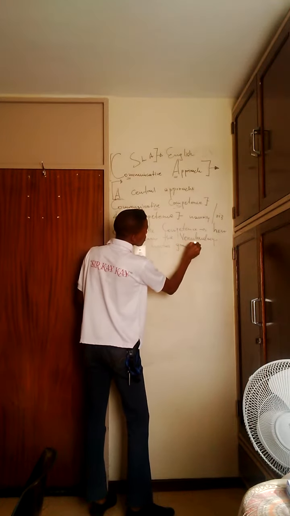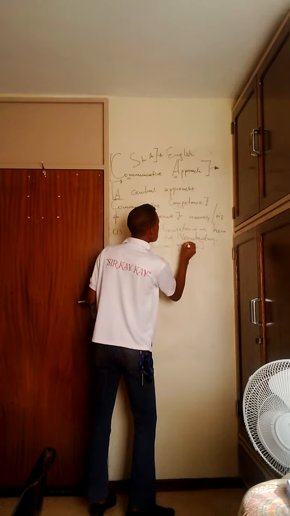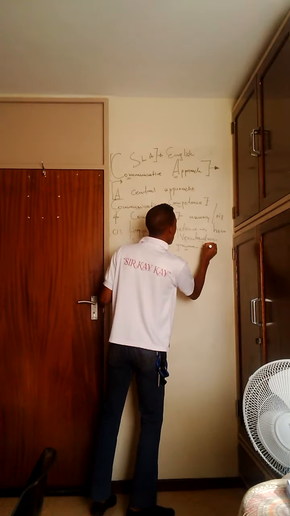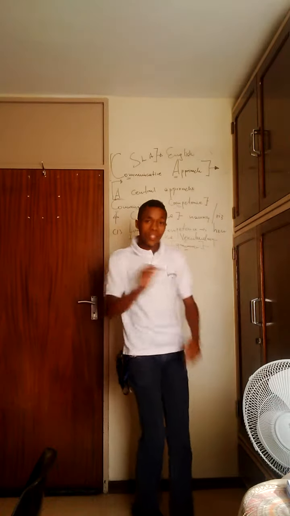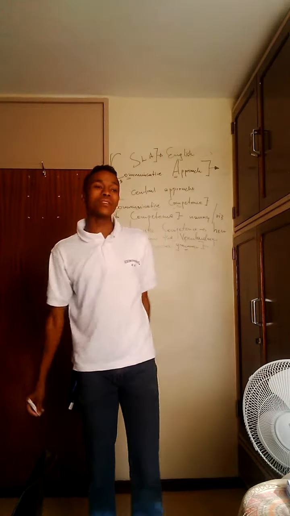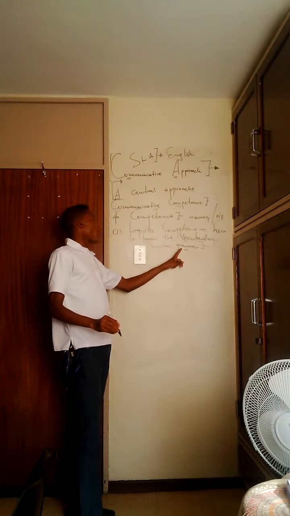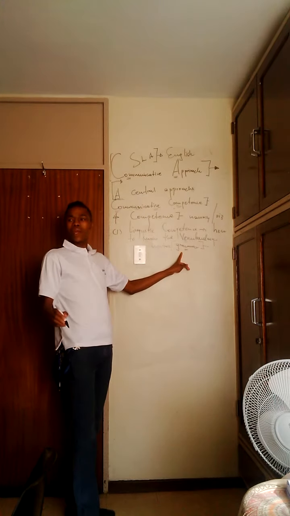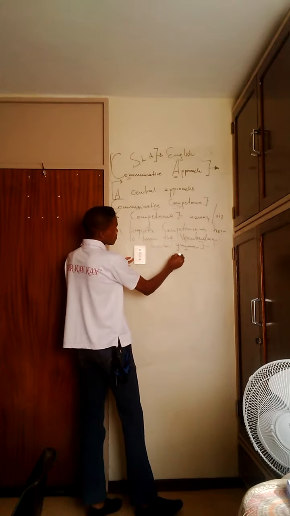You know, grammar plays a very important role when it comes to English. If you don't know grammar in English, you are nobody. Because for you to know English, you must know grammar, and you have to be able to use grammar appropriately.